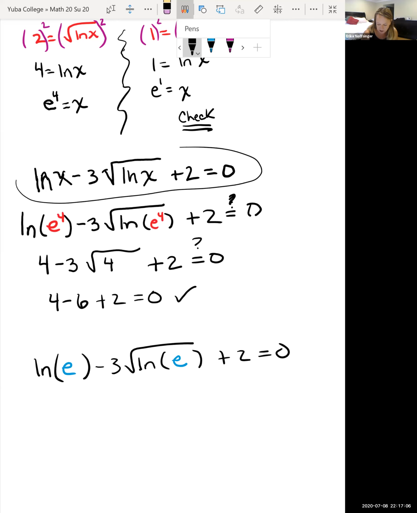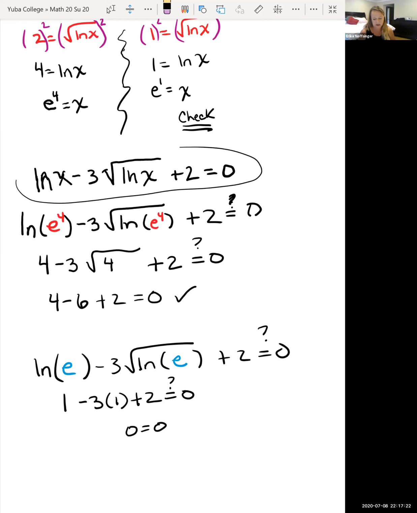Minus 3, well, this is just 1 again. Square root of 1 is 1. Plus 2, is this equal to 0? Yeah, 0 equals 0. Okay, so they both work, and we have our solution.